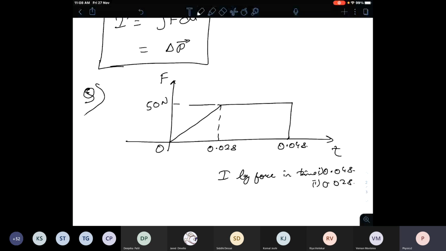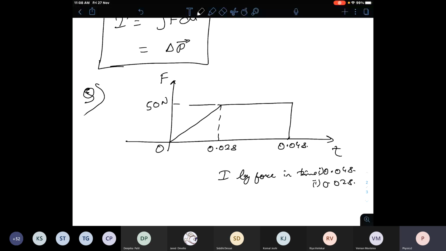That is, what is the impulse applied by the force in the intervals of 0 to 0.02 and 0 to 0.04 seconds. In these two intervals you have to find the impulse.